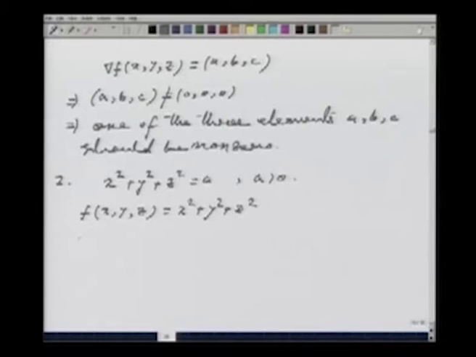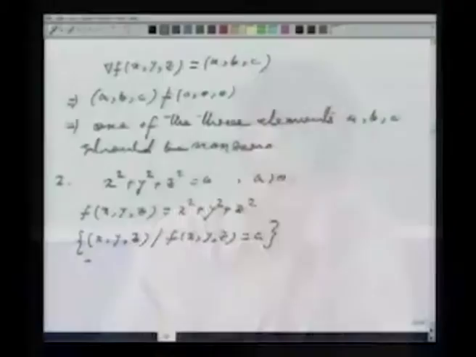Then my sphere is just the collection of (x, y, z) such that f(x, y, z) is equal to a. f is certainly a differentiable function. All I need to check is that the gradient of f at every point on the surface is non-zero.